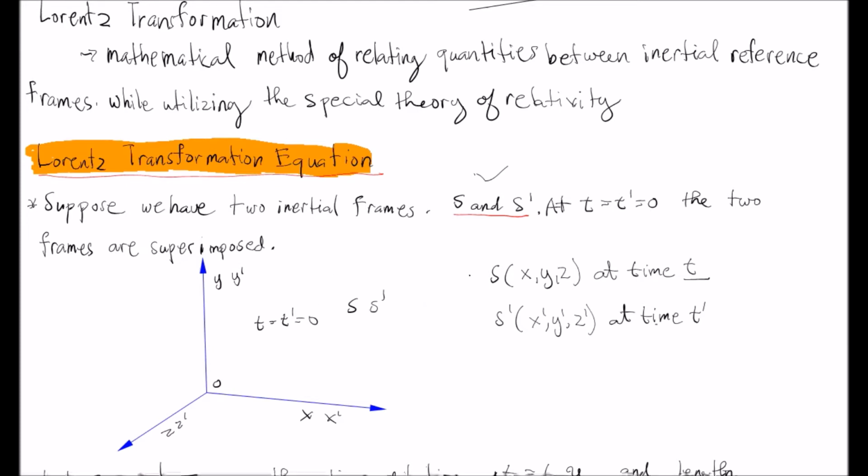So like in Galilean transformation, the coordinates found in S frame are x, y, z at the time t, and then the coordinates found in S prime frame, which is the moving frame, are x prime, y prime, and z prime at time t prime.